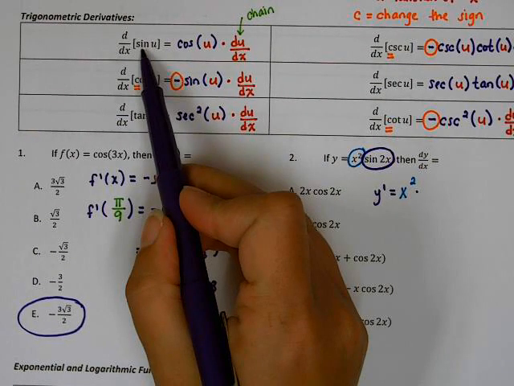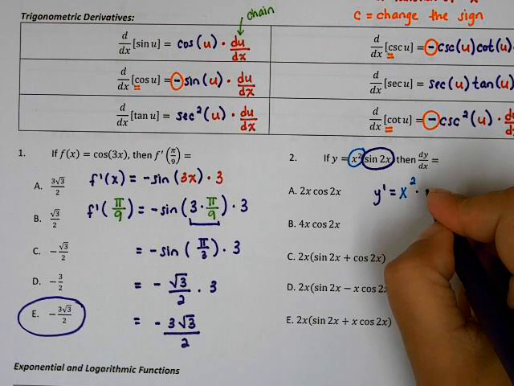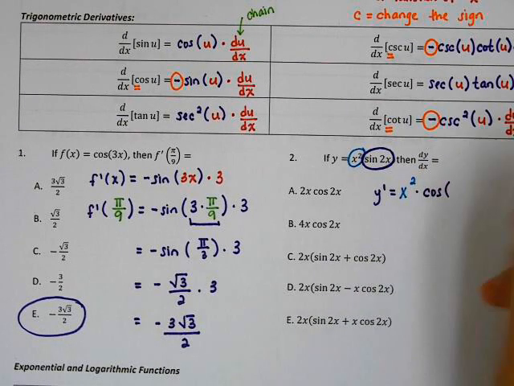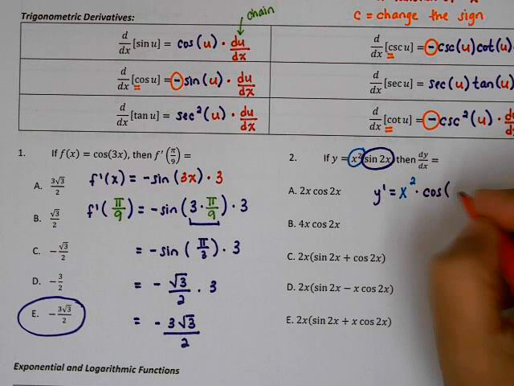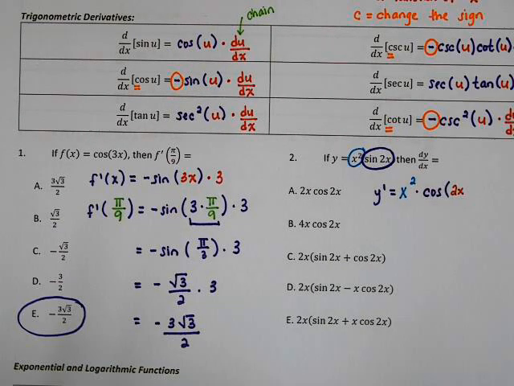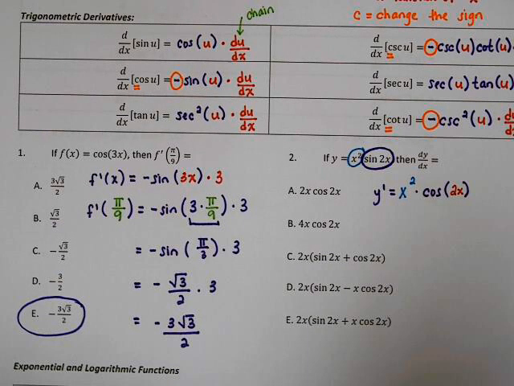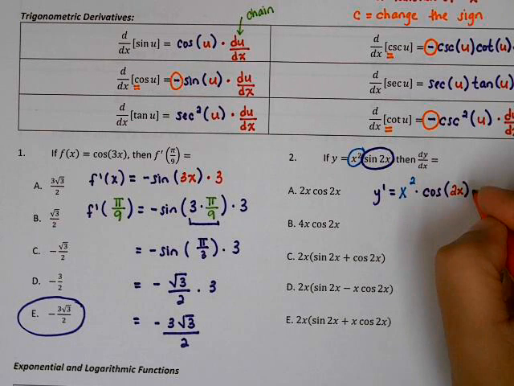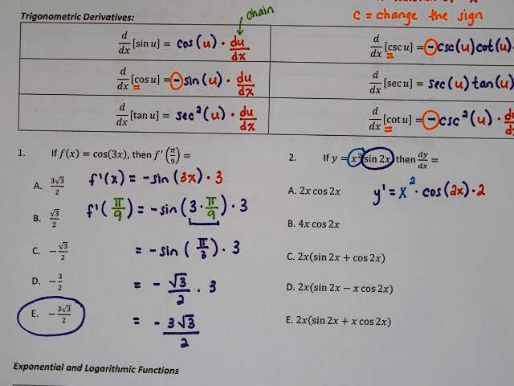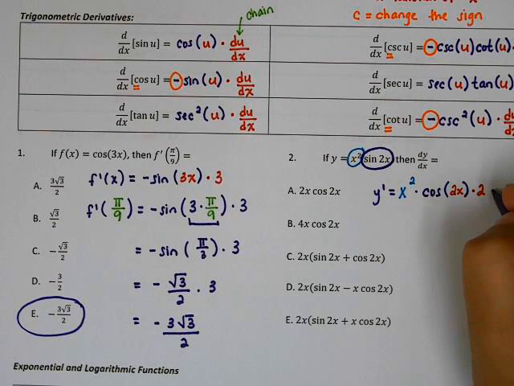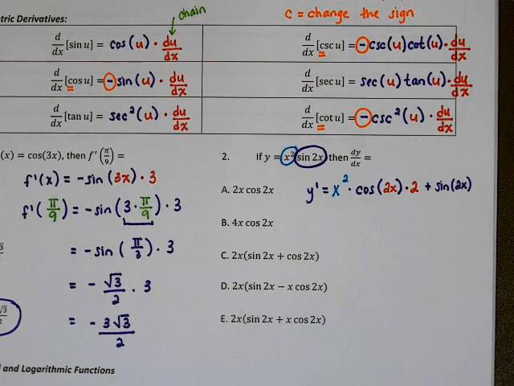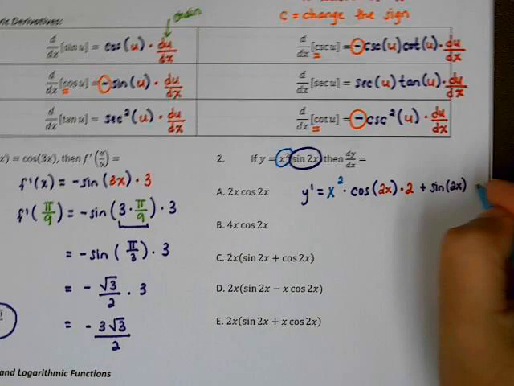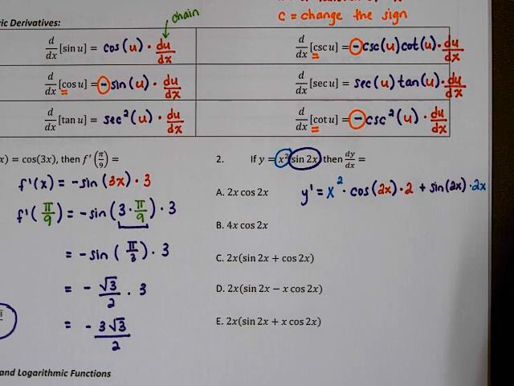The derivative of sine would be cosine, leave the inside alone, times the derivative of the inside, which would be 2. Then I'm going to put a plus sign. I'm going to copy the second function, which is sine of 2x, and take the derivative of the first function, which would just be 2x.